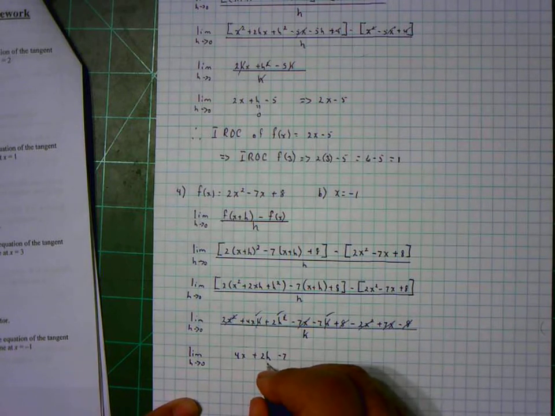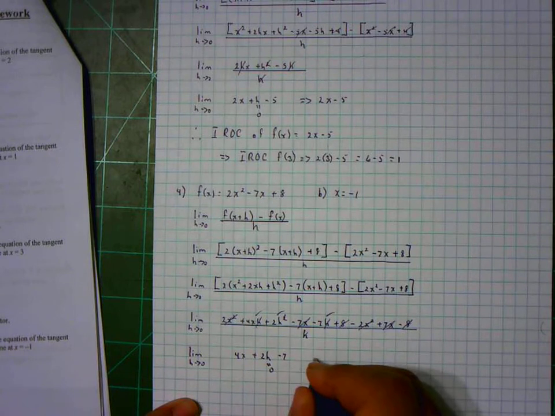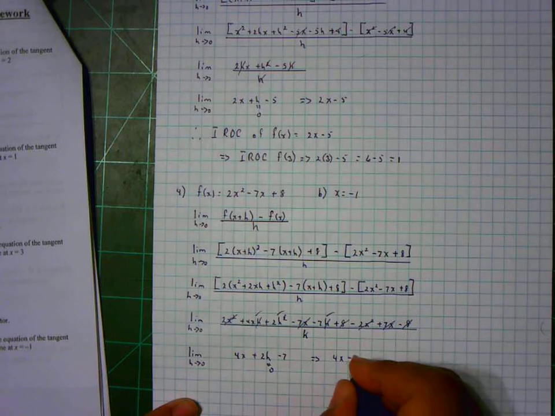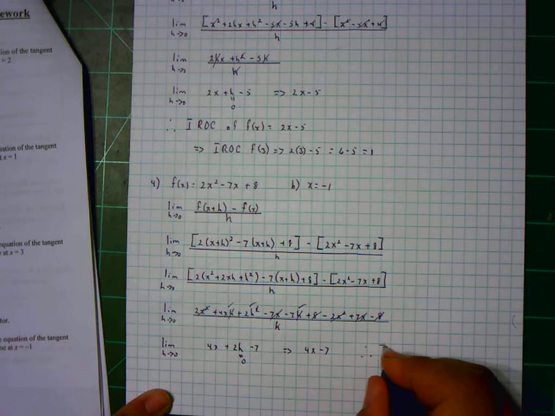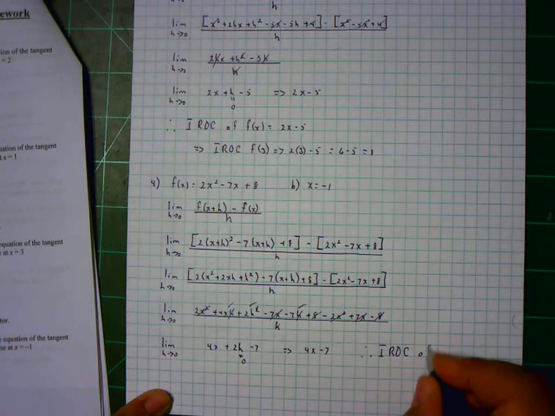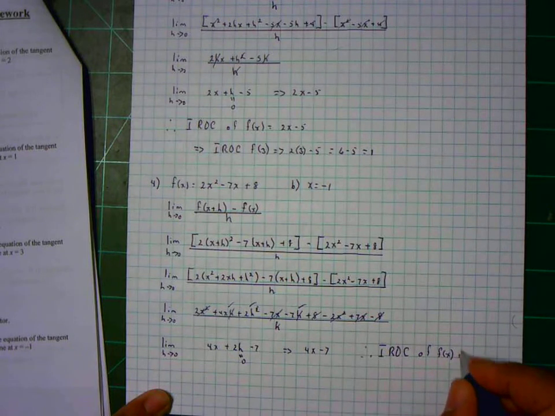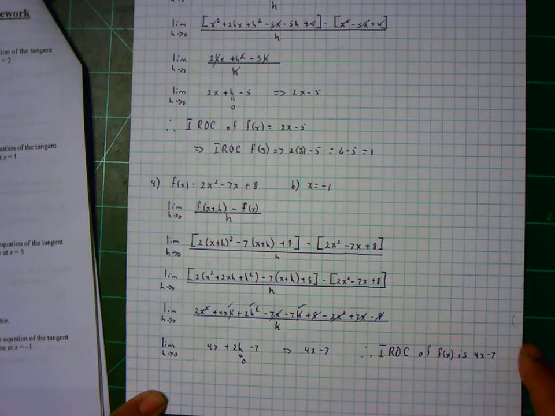Now I'm going to let h go to 0. That means I'm going to be left with 4x minus 7. So therefore, the instantaneous rate of change of f of x is 4x minus 7.